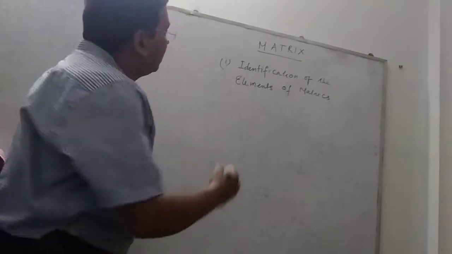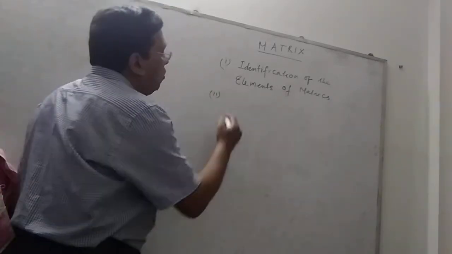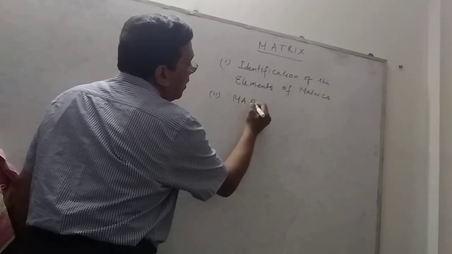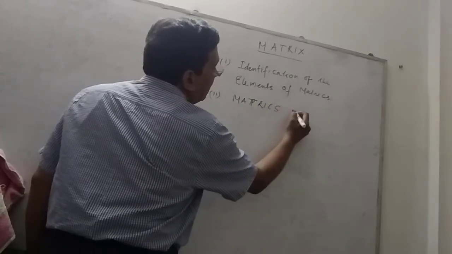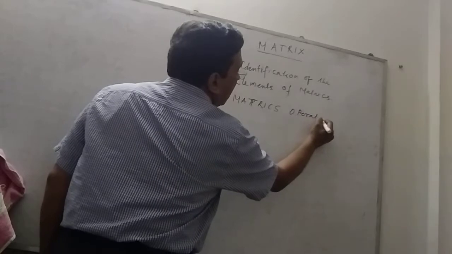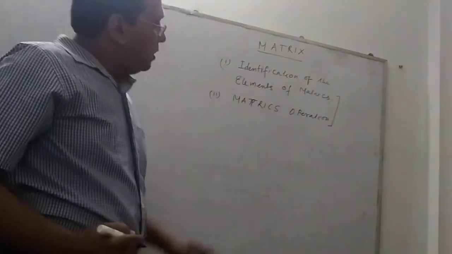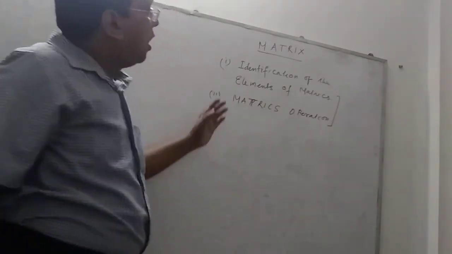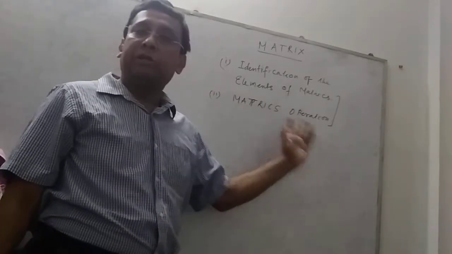And after that, if the time permits, we also can do matrix operation. So, our target is to complete these two topics. One is identification of the elements of the matrix, and number two, matrix operations.